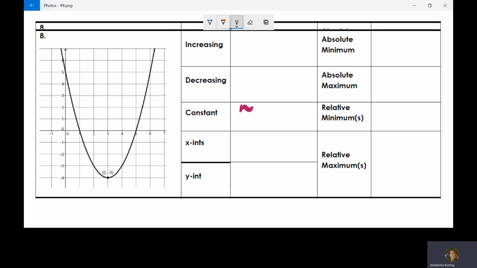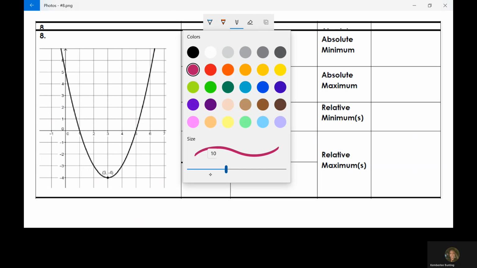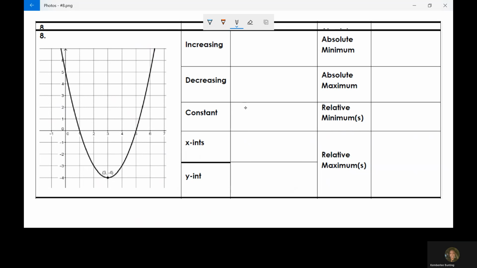There won't be any ambiguity. So if I want to know the constant of the function, I will say constant of the function instead of just constant, okay? Does that make sense?